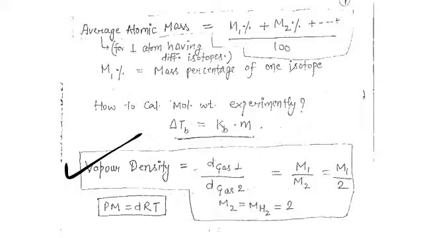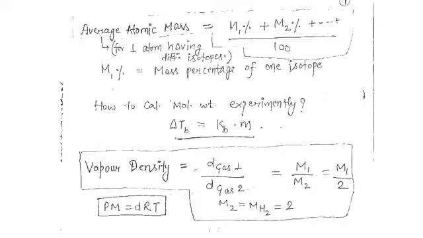So the formula for vapor density is M1 by 2, or the mass of that particular species whose vapor density we have to find out, and in the denominator we take the mass of hydrogen, that is the value 2. Why do we take this? Because hydrogen is the species whose density is minimum. That is why we usually take hydrogen.